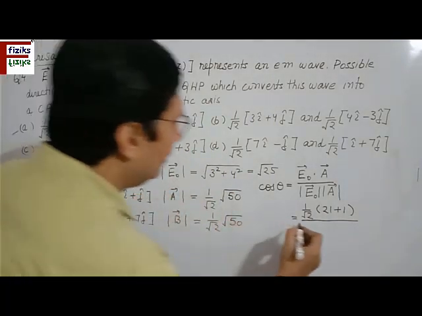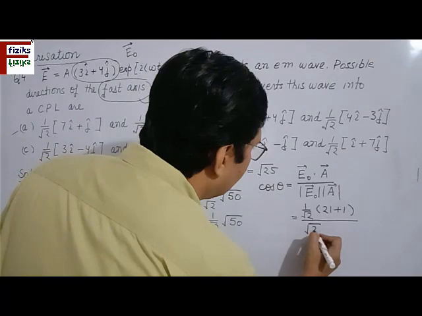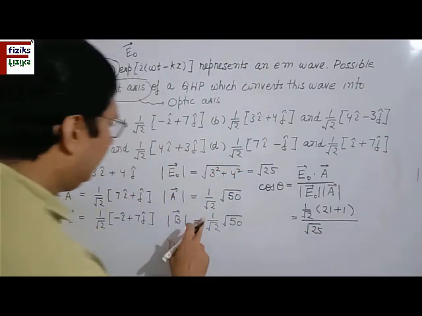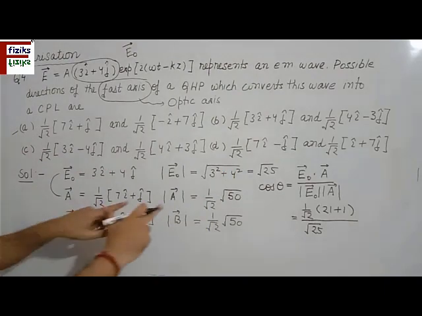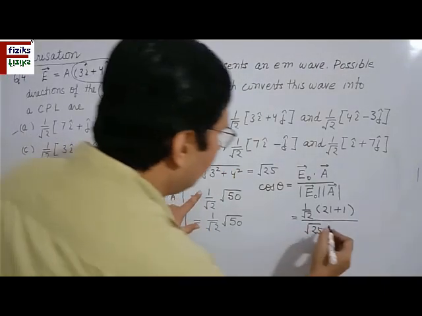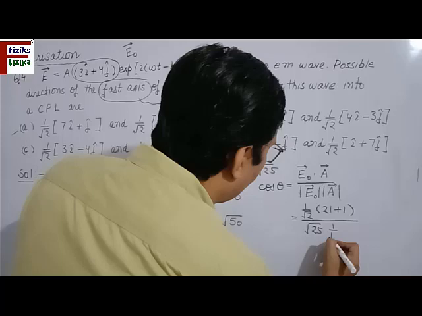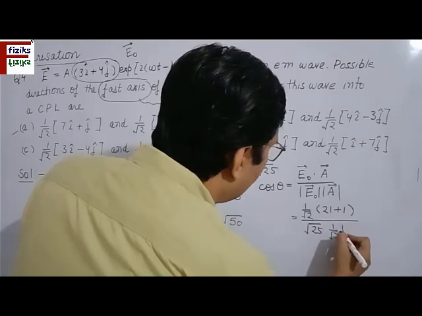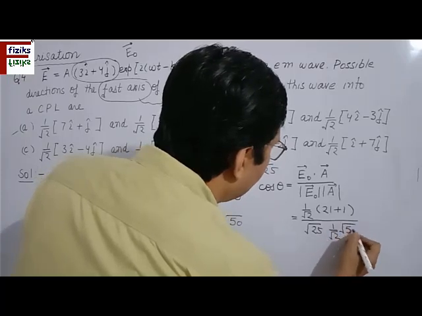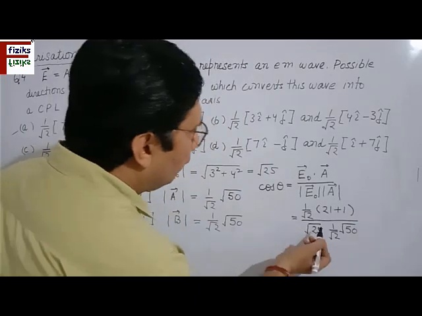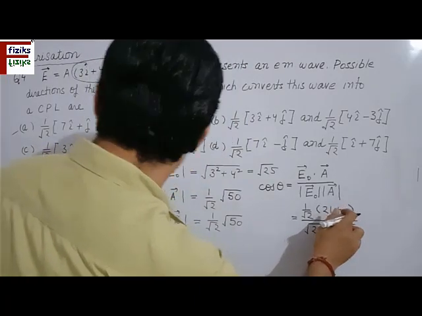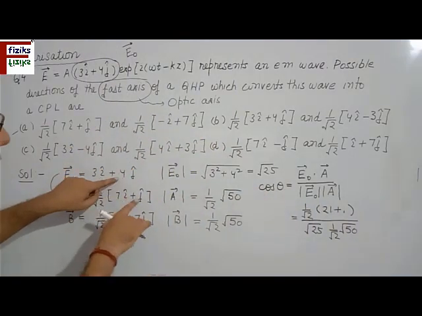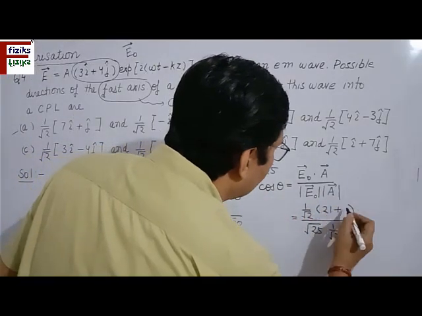This is divided by the mode of E naught, which is under root 25, and the mode of A vector, which is 1 by root 2 under root 50. So what will be here? This is 21, and 4 into 1 is 4, so this will be 25.